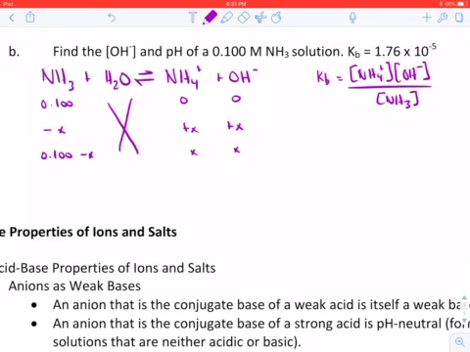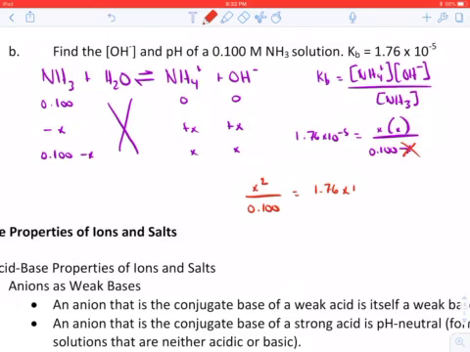So now all we have to do is plug these babies in and solve. So we're going to have 1.76 times 10 to the negative 5th is equal to X times X over 0.100 minus X. And just like always, we're going to be able to lose that minus X. And so now we have X squared over 0.100 equals 1.76 times 10 to the negative 5th.